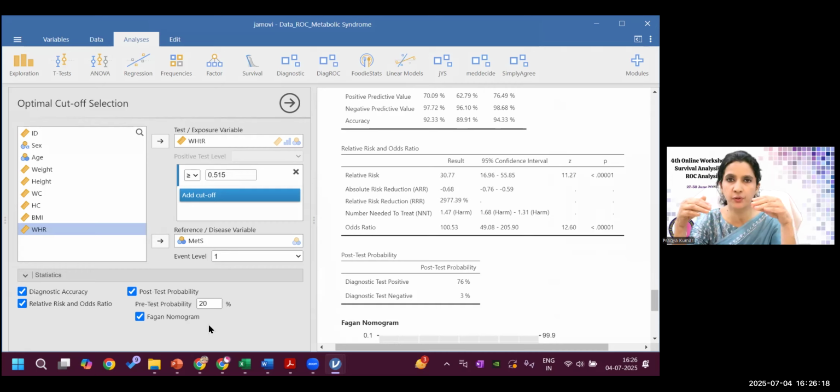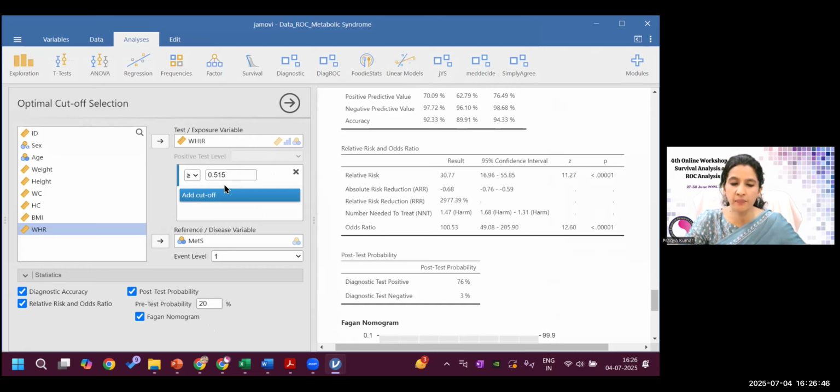Here in this case it is not BMI, it is waist height ratio. So if the waist height ratio is 0.51, what do you mean by diagnostic test positive? That means that person will be having a waist height ratio of 0.51 or more than 0.51.